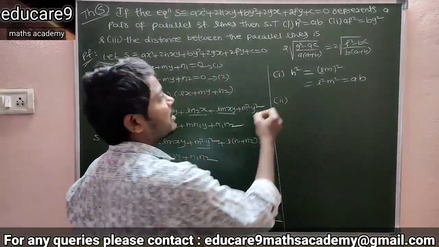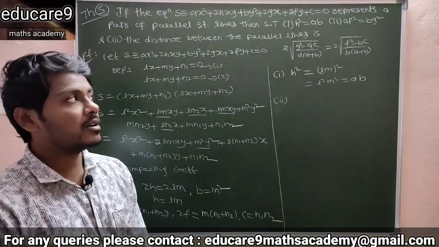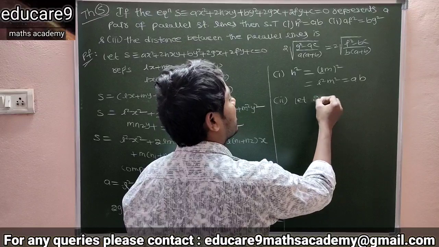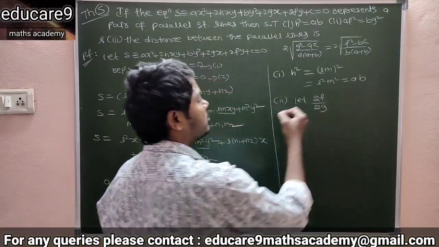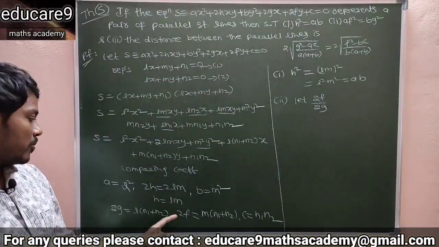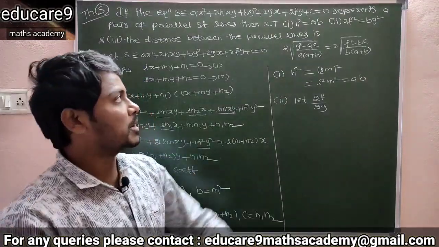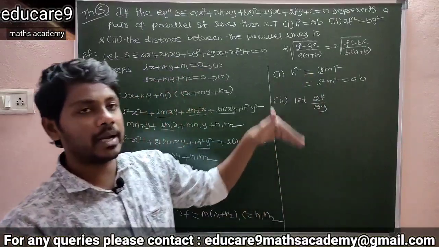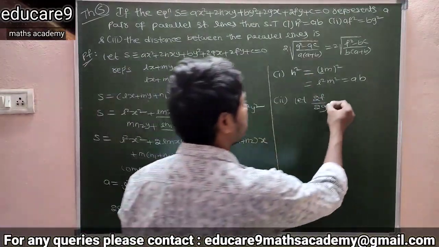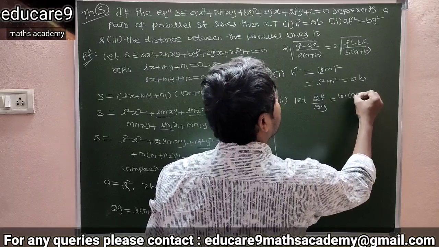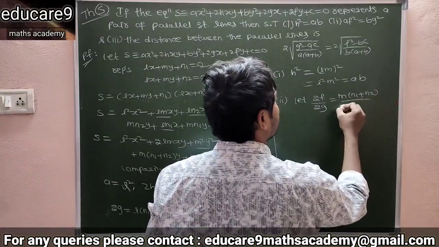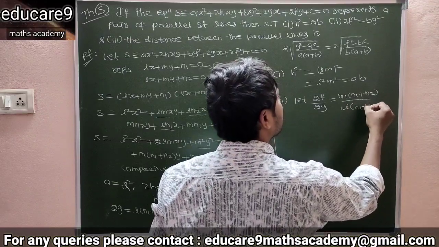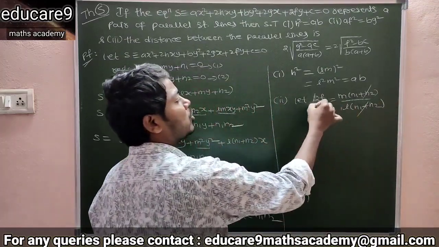Next, the second one, af² = bg². For that, consider 2f/2g. Because this is the combination of f and g only, that's why I am considering 2f/2g. So the 2f value is m(n1 + n2) and the 2g value is l(n1 + n2). The n1 + n2 gets cancelled.